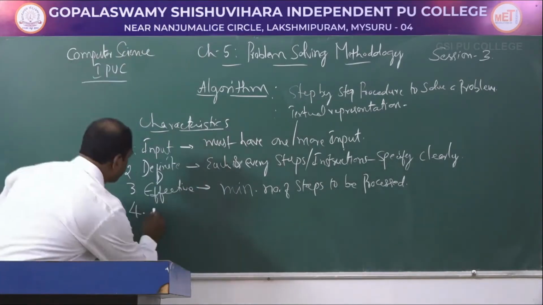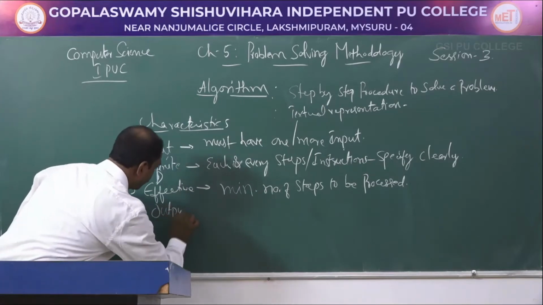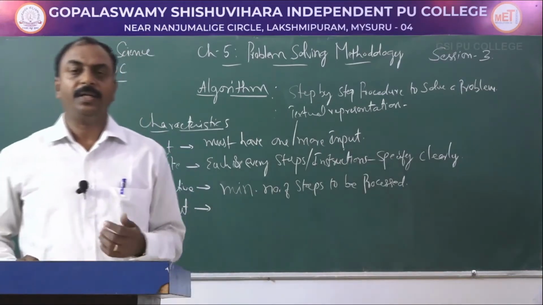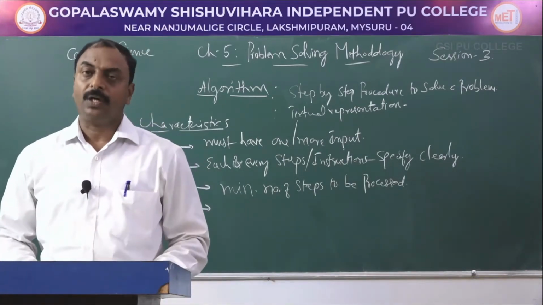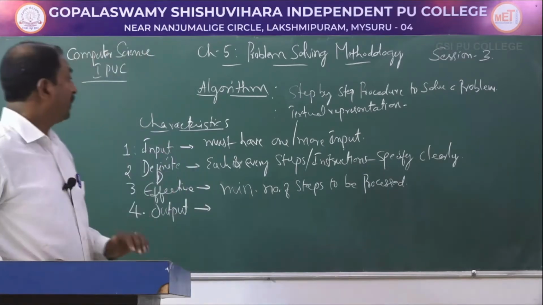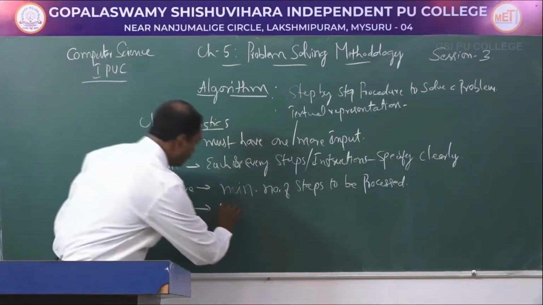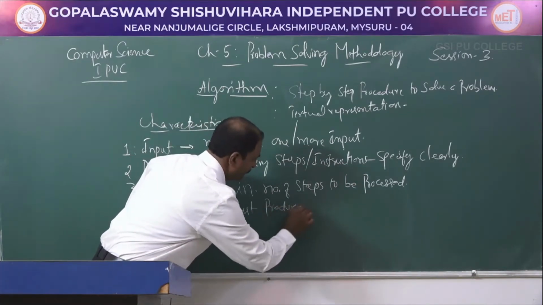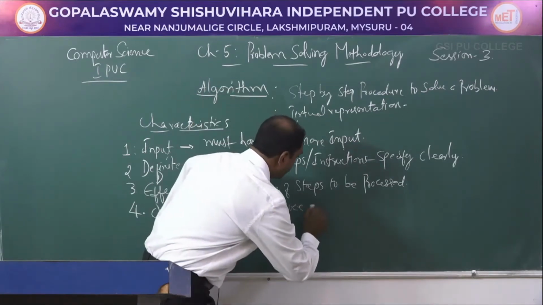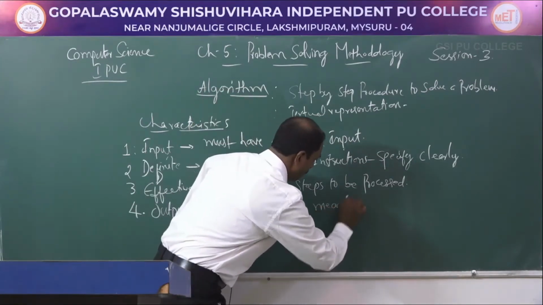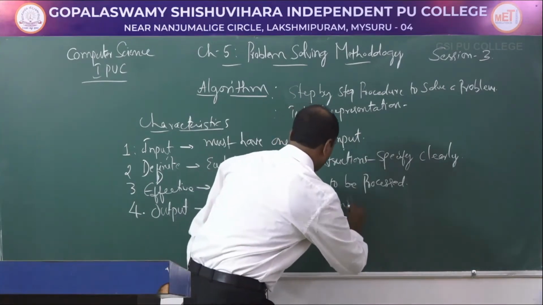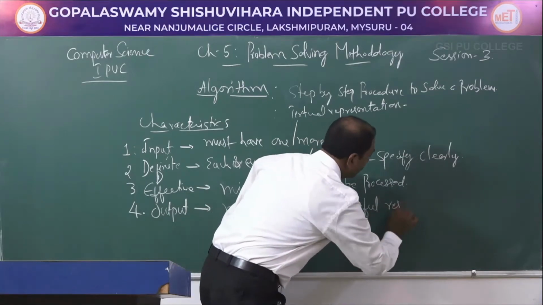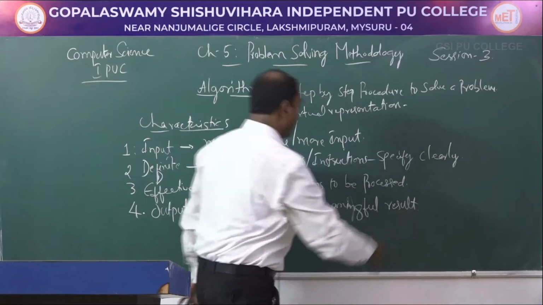Next, the fourth one is output. So what is output? You know that the result of any data processing is nothing but output. So your algorithm must produce a meaningful result, nothing but output.